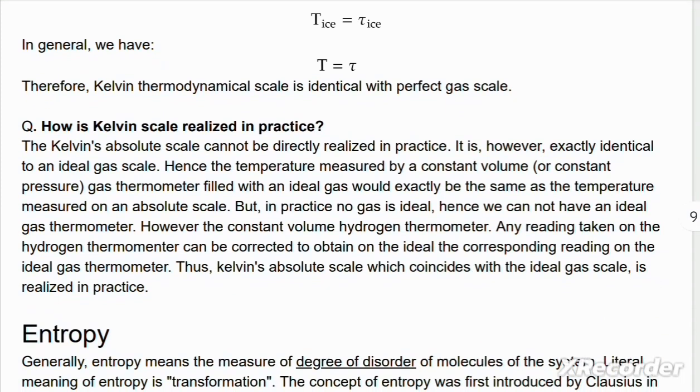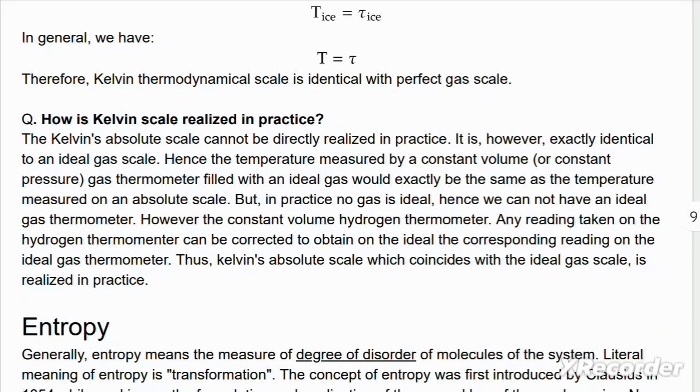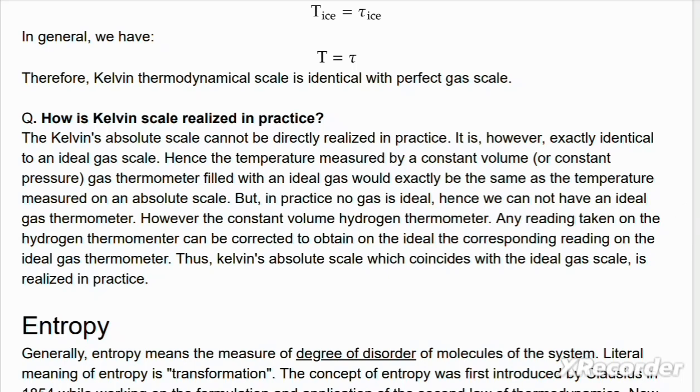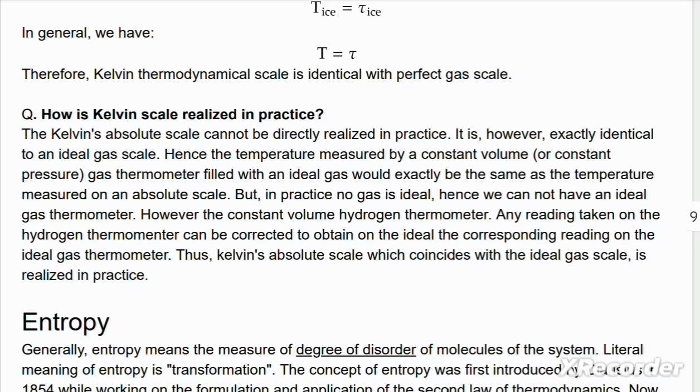How is the Kelvin scale realized in practice? The Kelvin absolute scale cannot be directly realized in practice. It is, however, exactly identical to the ideal gas scale. Hence, the temperature measured by a constant volume gas thermometer filled with an ideal gas would be exactly the same as the temperature measured on the absolute scale. But in practice, no gas is ideal.